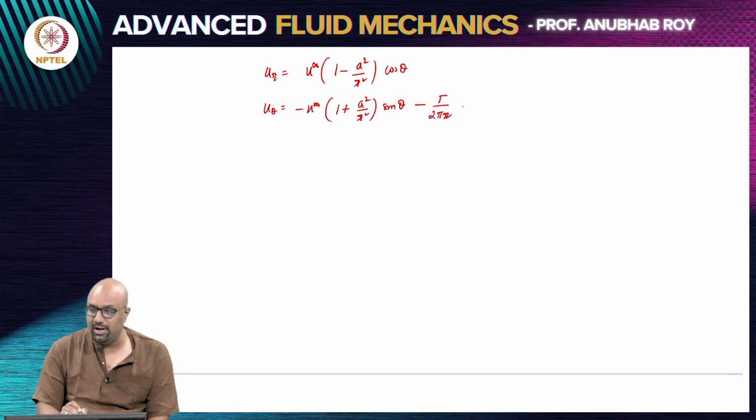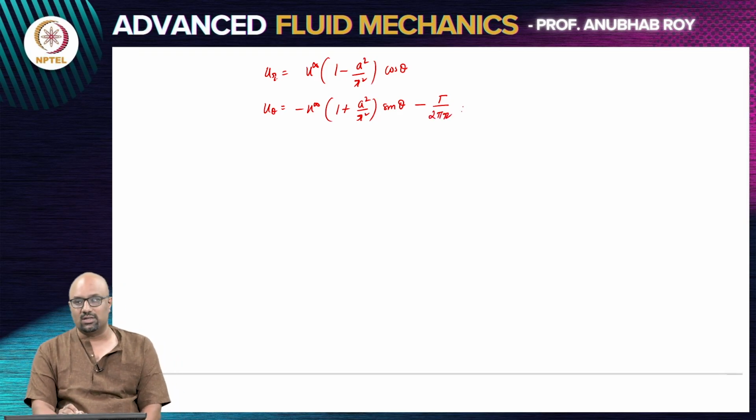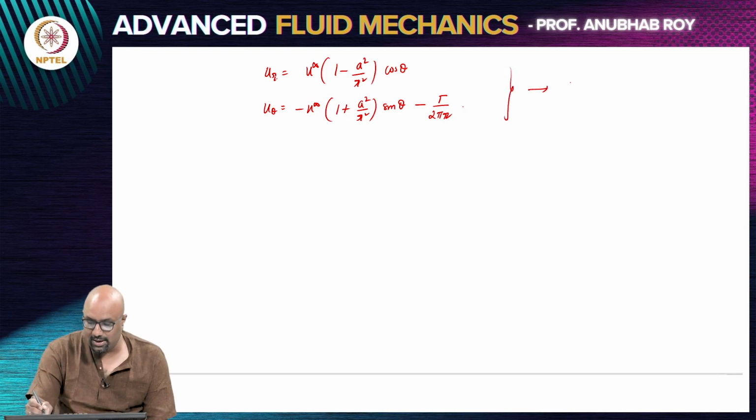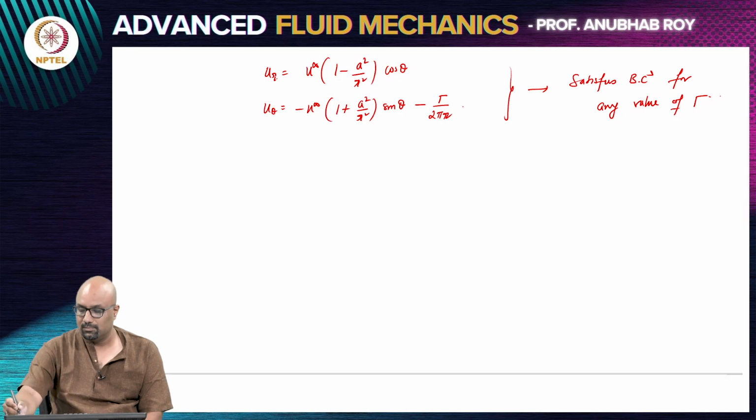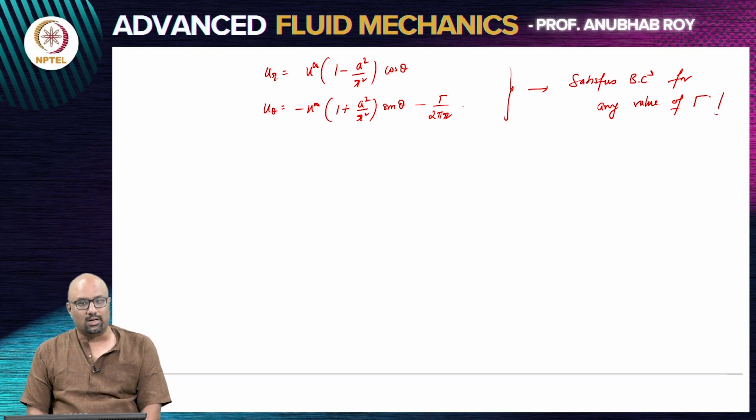So, you are free to choose whatever you want for the value of circulation gamma. That's a parameter that is left arbitrary for you in this particular problem. So, this particular solution, repeating again, satisfies boundary conditions for any value of gamma. There is no change in your boundary condition, you satisfy it for all cases.